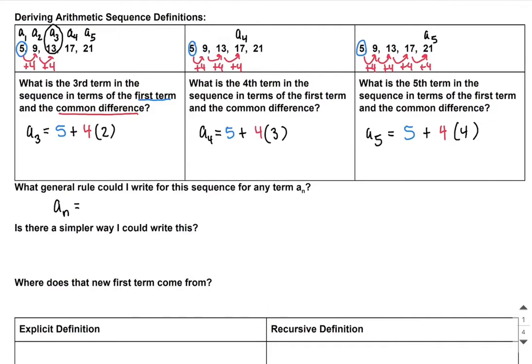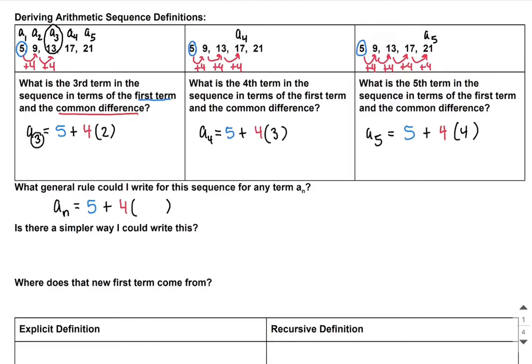A sub n would be equal to, for all of these, I have the pattern that I'm talking about in terms of the first term, and I see the first term in all of these, and that's the first thing I see. So I can say that in a general rule, I would have 5 plus something. I would have 5 plus the common difference for a certain amount of times. And I want to say, in terms of n, how many times do I multiply 4 and add it to 5?